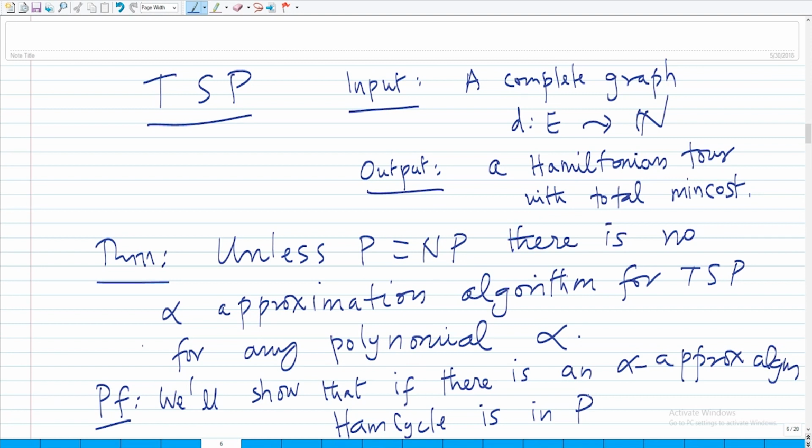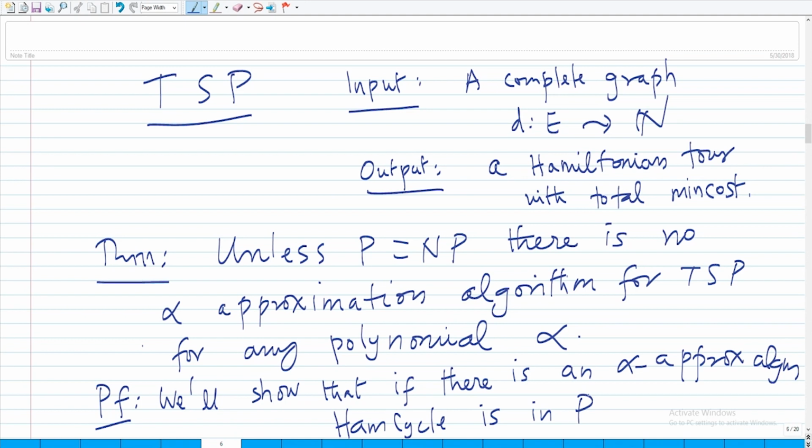We already saw that if you have an algorithm for TSP, you can solve the Hamiltonian cycle problem. Remember, how did we show TSP is NP hard? We said it is even more general than the Hamiltonian cycle problem. So, if you have a polynomial time algorithm for TSP, you can solve the Hamiltonian cycle problem. That is what we did in the reduction: we added some weights and proved it. This is saying something stronger. Even if you have an approximation algorithm for TSP, I can solve the Hamiltonian cycle problem.